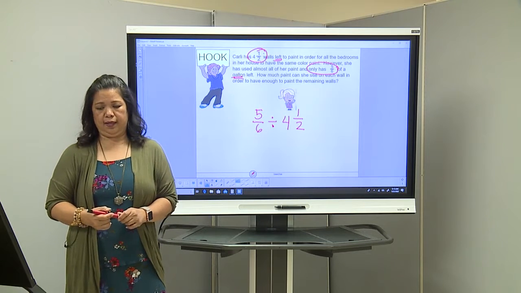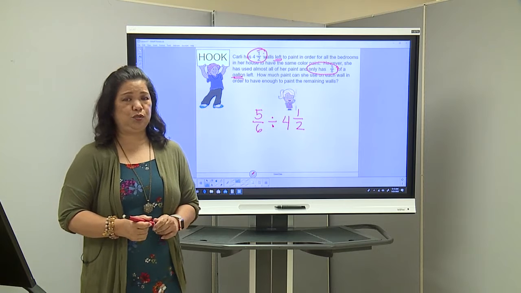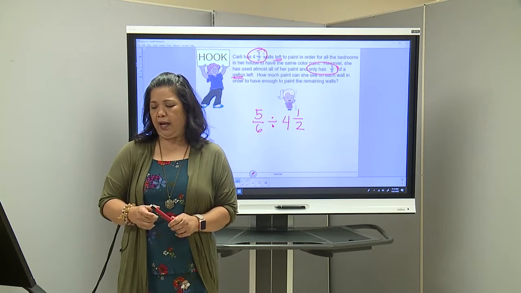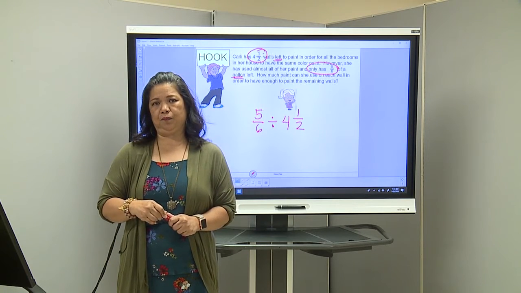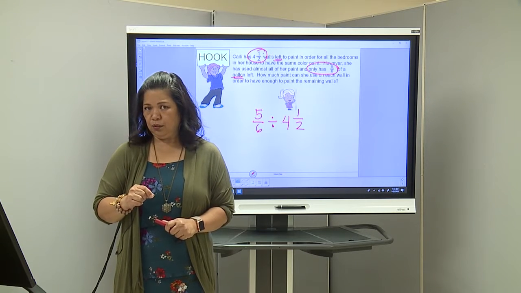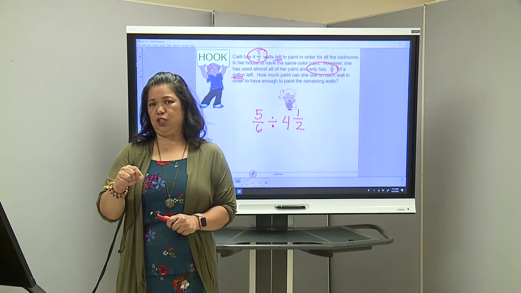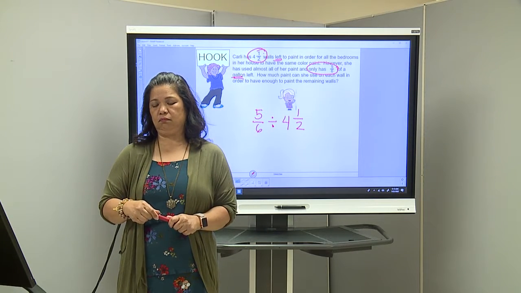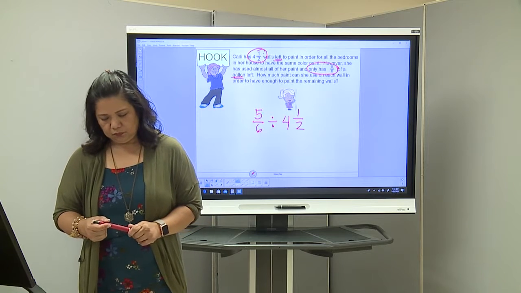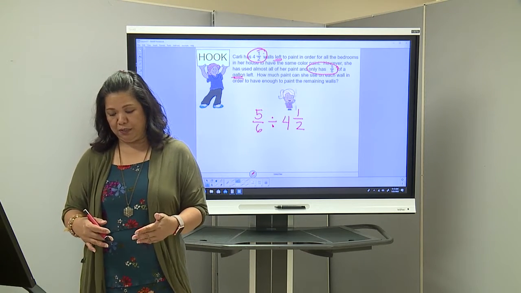Okay, so before we continue and find the answer to this word problem, I want you to predict the answer. Is it less than 1 gallon or more than 1 gallon of paint to use for each wall? What do you think? Are you thinking? Okay, so it must be less than 1 gallon because why?